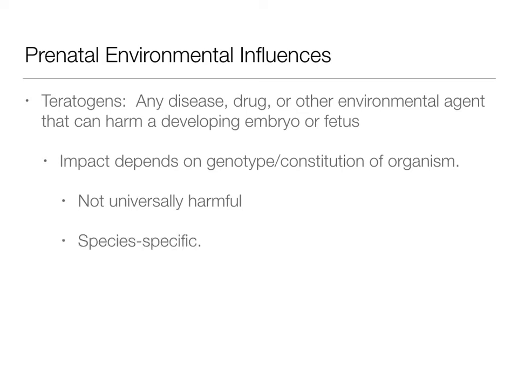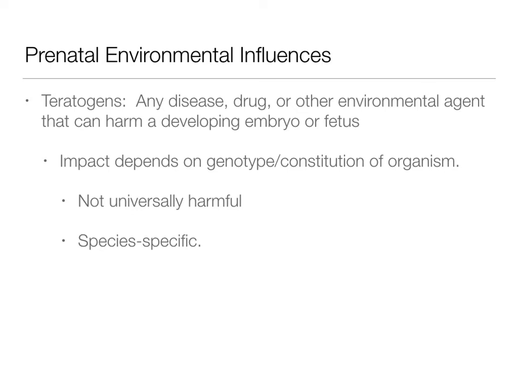They're also very species specific. There'll be some drugs or agents or teratogens that will affect humans, but not other species. This becomes especially problematic when a lot of our drug studies are first tested on animal models, even pregnant animal models.